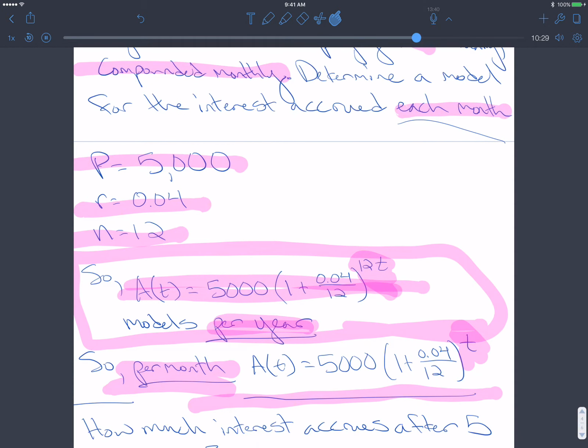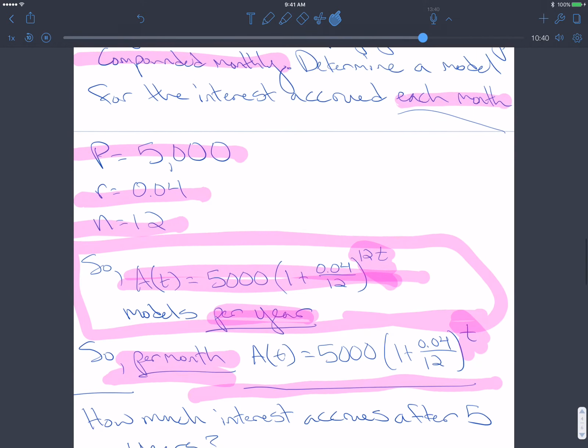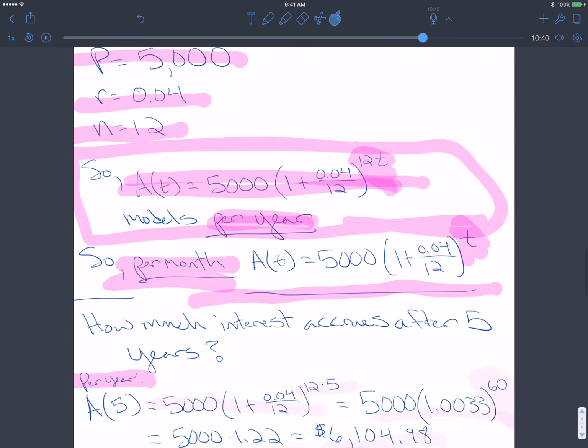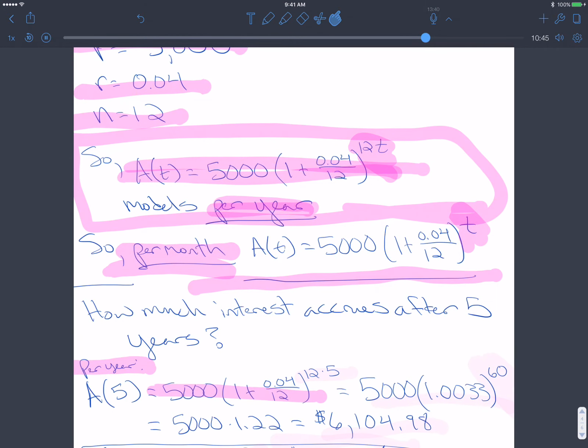So if I ask you the question, how much interest accrues after 5 years, you can see this directly. If we use the per year model straight out with the formula, we have 5,000 times (1 plus 0.04 over 12) raised to the 12 times the 5 years. So that puts us at 5,000 times about 1.0033 raised to the 60th power, which, when you simplify, gets you $6,104.98.